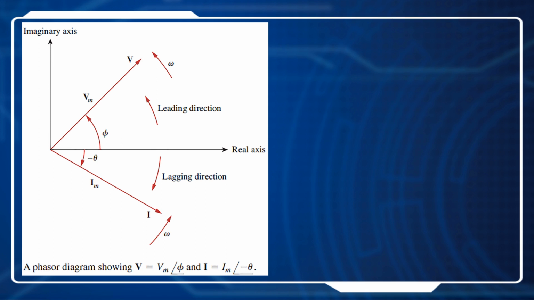We can transform between the polar form and the rectangular form of the phasor: e to the positive or negative j phi equals cosine phi plus or minus j sine phi. So the real part is cosine phi and the imaginary part is sine phi.